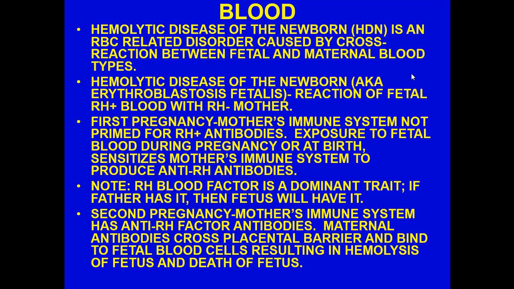In the first pregnancy, mother's immune system is not primed for Rh plus antibodies. How you develop the Rh factor antibodies is totally dependent on whether or not you're exposed to Rh plus antigens. If not, you can be Rh negative for the rest of your life and never have antibodies against the Rh factor.